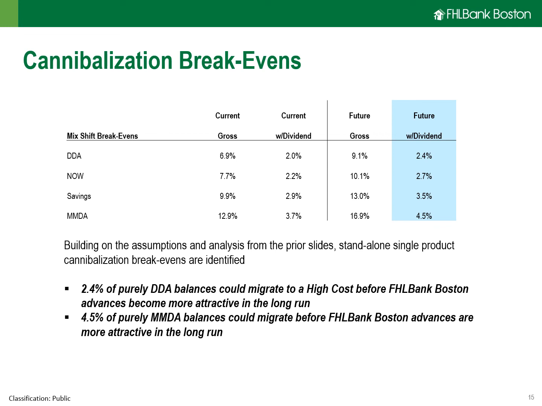And this slide does the math for us and figures out if 2.4% of DDA accounts move into the deposit special, you would have just been better off borrowing from the FHLB. That's not including other types. So just on its own, 2.4% of DDAs moving to a high-cost deposit would have been economically damaging relative to taking wholesale funding. 2.7% for nows, 3.5% for savings, and 4.5% for money markets are the other numbers.